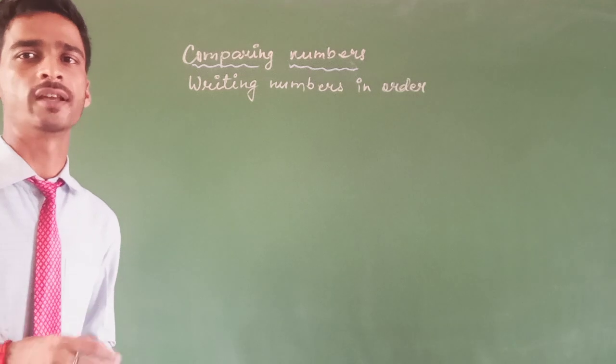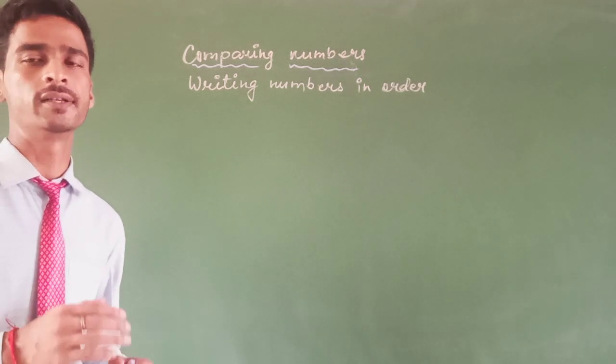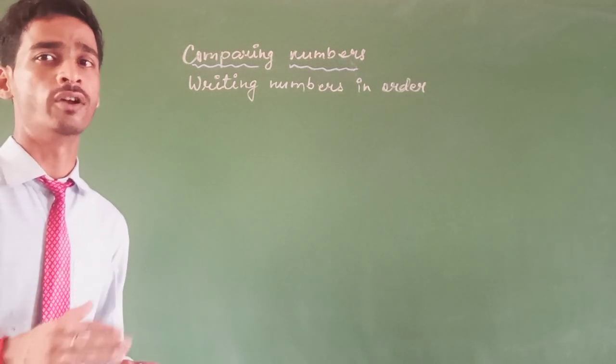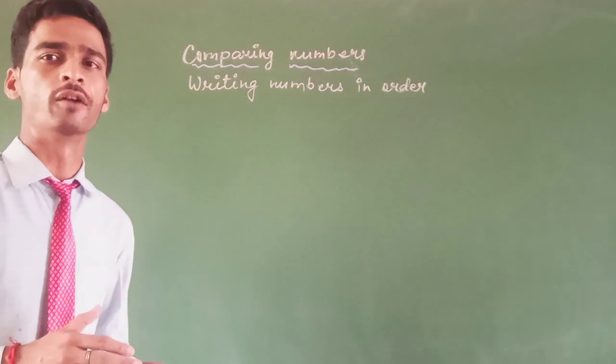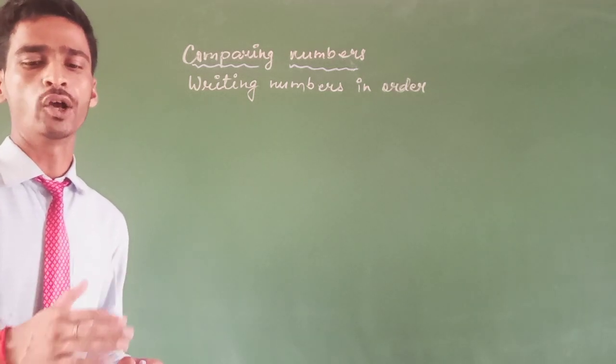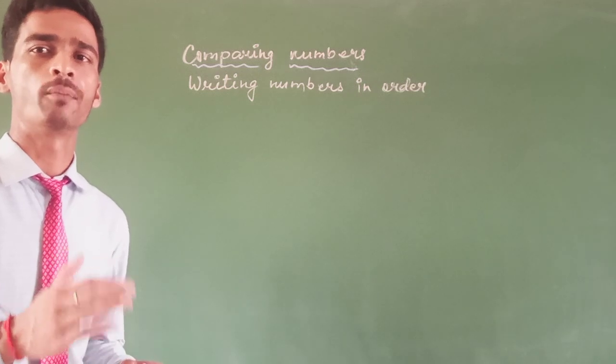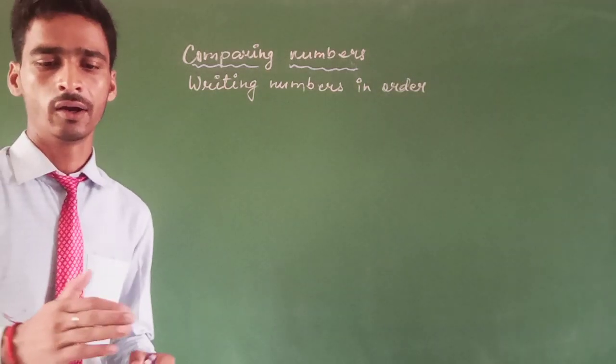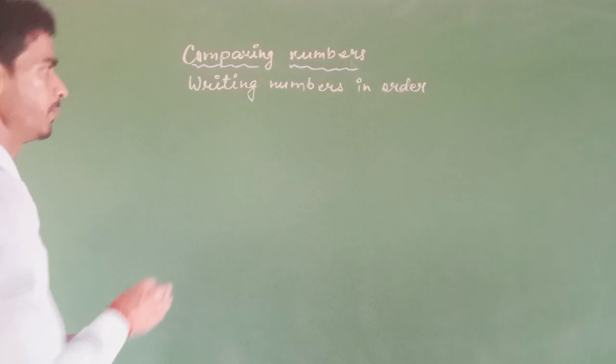Once again you have to listen carefully. Ascending order means smallest to greatest, and descending order means greatest to smallest. Okay, now come to an example.